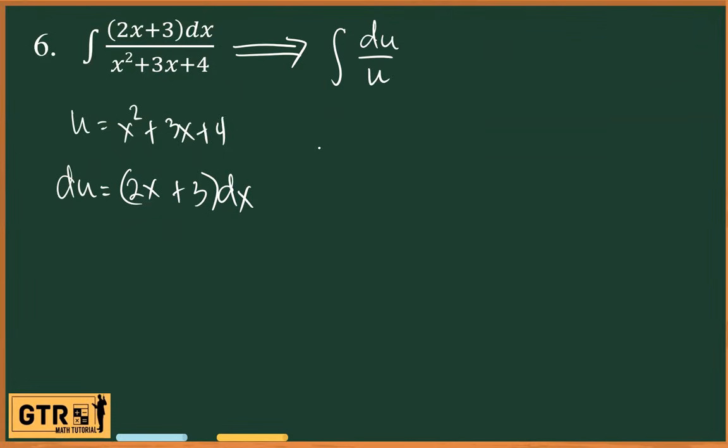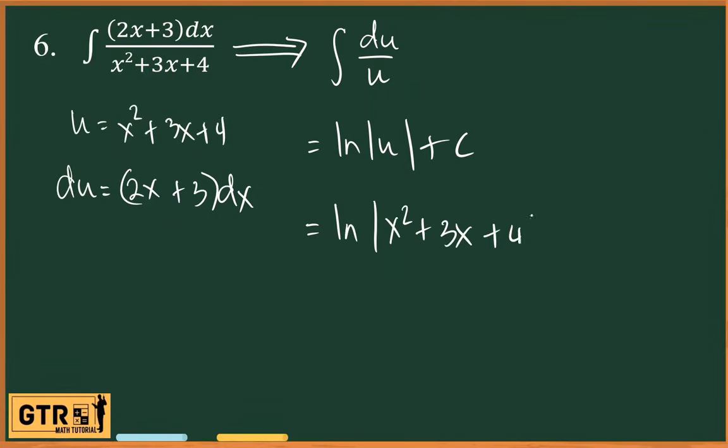So the answer is ln u plus c. But the value of u is x squared plus 3x plus 4, so we have ln of x squared plus 3x plus 4 plus c. This is our final answer.